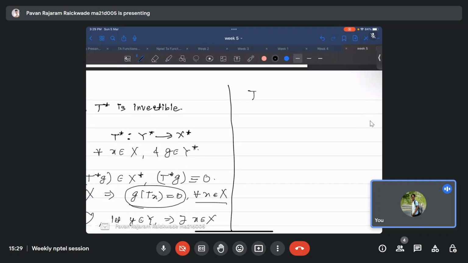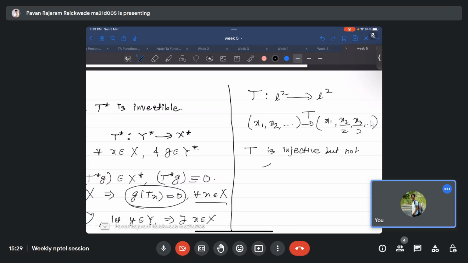Suppose you consider T an operator from L2 to L2, given by the mapping that takes a sequence x1, x2, and so on, to the sequence x1, x2 by 2, x3 by 3, and so on. Try to prove that this map T is injective but not surjective.